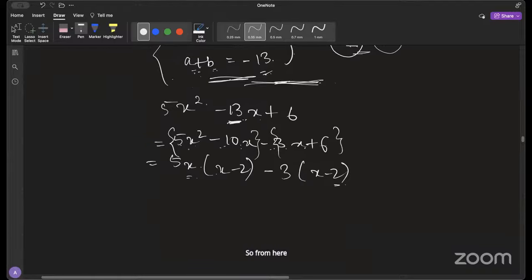From the first, you take 5x common and you are left with x minus 2. And from here, you take 3 common, and you are left with x minus 2. Here you will have a negative. Is this fine?